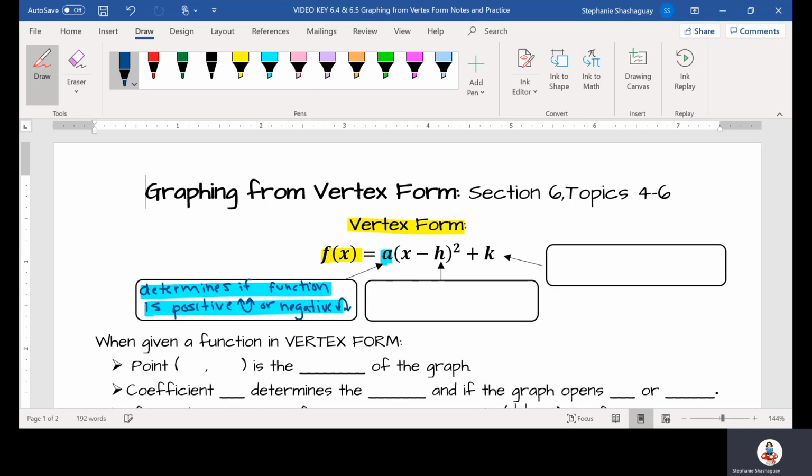The h here is the axis of symmetry, which is the x value.